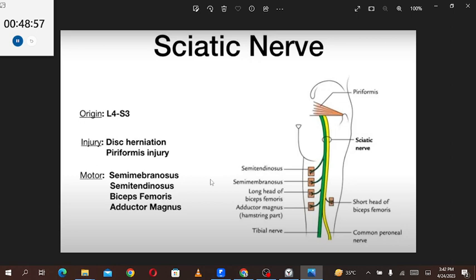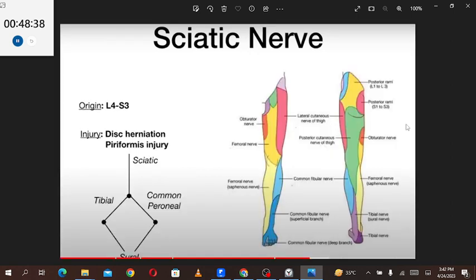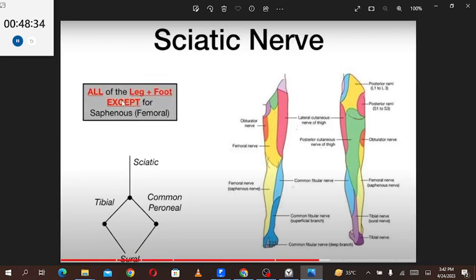Secondly, they have written the motor innervation: semimembranosus, semitendinosus, biceps femoris, and adductor magnus muscle. The point I want to highlight is the sciatic nerve is basically two nerves moving together, and they split in the popliteal fossa, or slightly above it, into the common peroneal nerve and the tibial nerve, which we'll see later on. The cutaneous innervation of the sciatic nerve is to all of the leg plus foot except for the saphenous, the femoral branch.